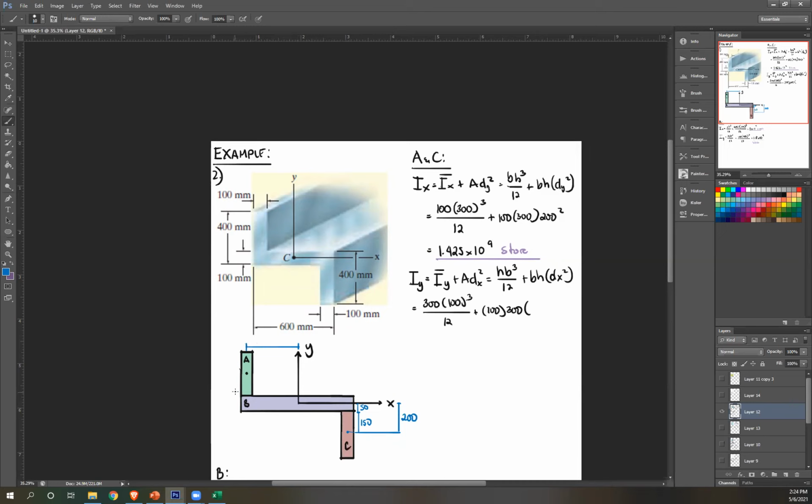So we just get 300 minus 50. So this is 250. You follow? Once again, total length is 600, half of that is 300. Minus half the length of your bar. So that's minus 50. 300 minus 50, that's 250. Therefore, this is 250 squared. Please solve. What's the answer?